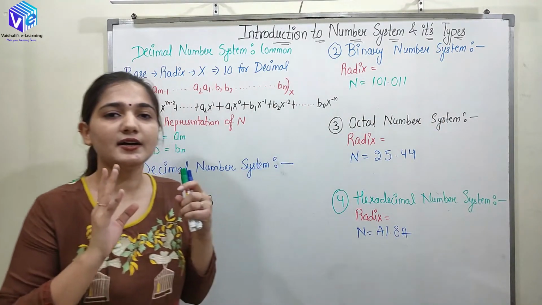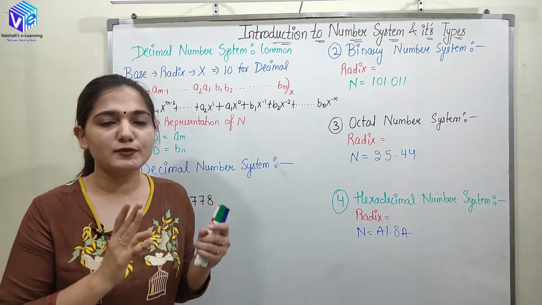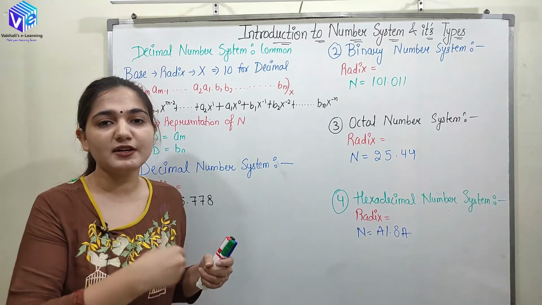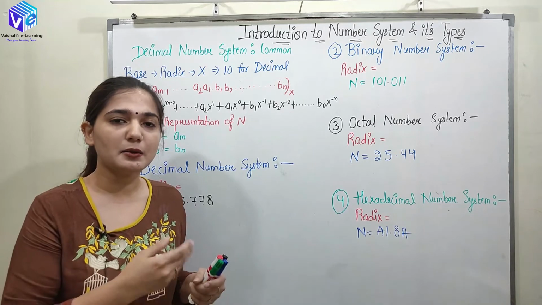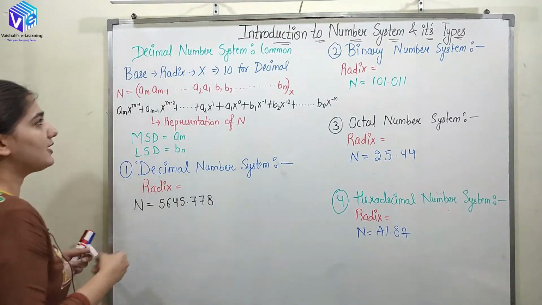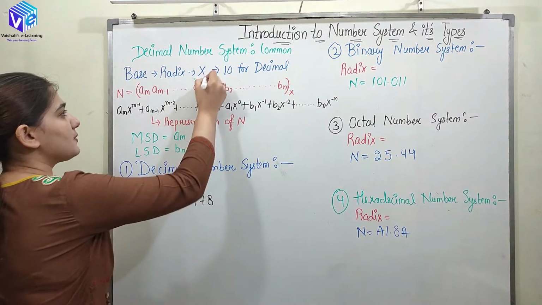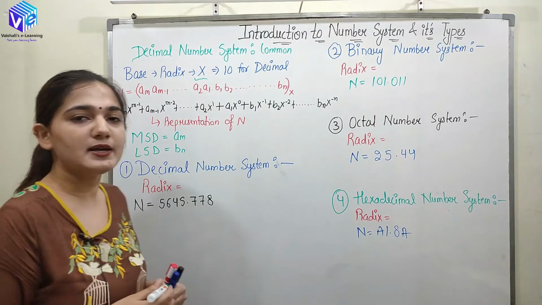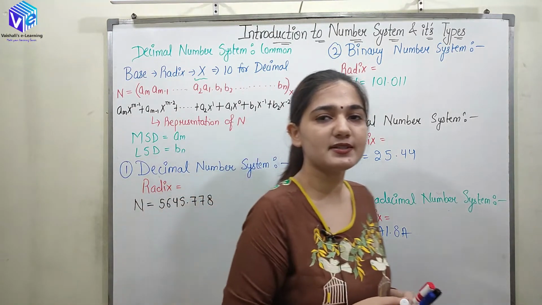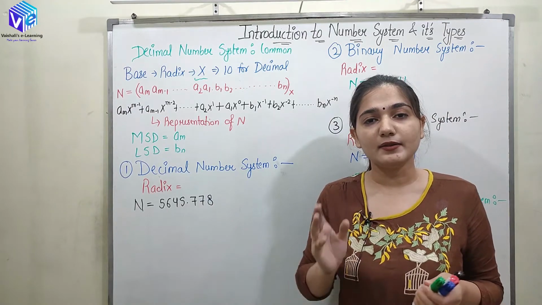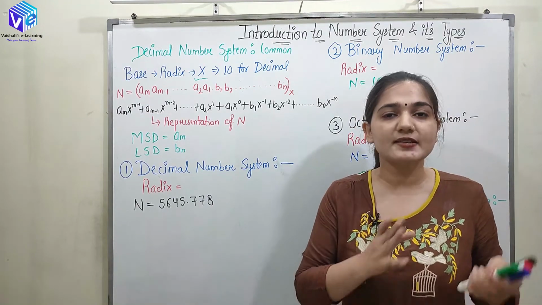Now comes the base value, which we also call the radix value. How many different numbers I am using in a given number system is determined by the radix value. The radix value or the base value is represented by x, and it is 10 for the decimal number system. So the decimal number system starts from 0 and has values up to base minus 1.